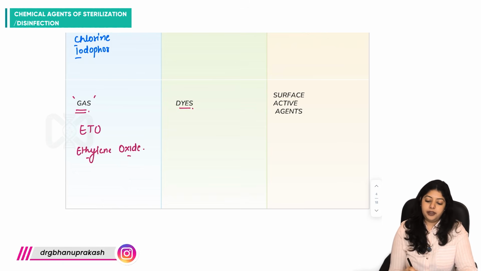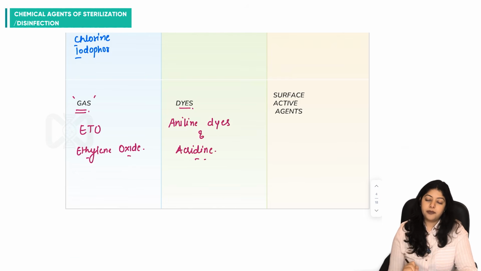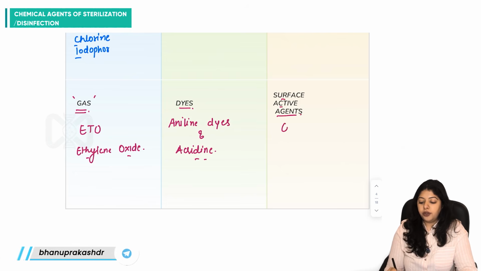And for dyes, we have aniline dyes and acridine dyes. And the surface active agents include quaternary ammonium compounds, QAC, along with chlorhexidine.